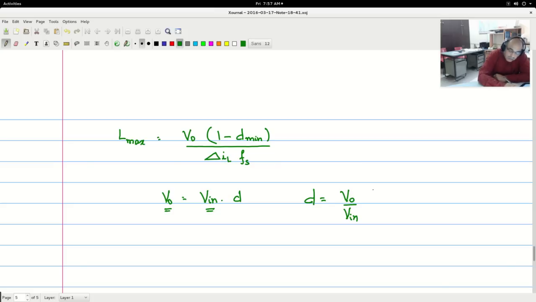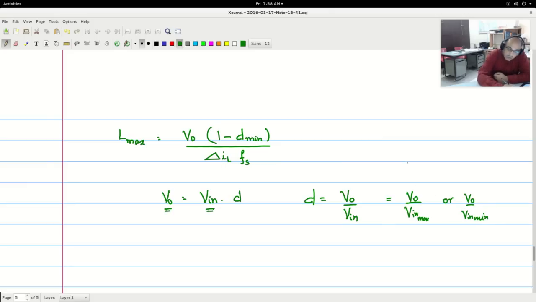And normally you will see that V naught is supposed to be regulated. It is supposed to be a constant value. It should be regulated in the face of variation in V in. So you will see that D could be V naught by V in max or V naught by V in min, and any value in between.